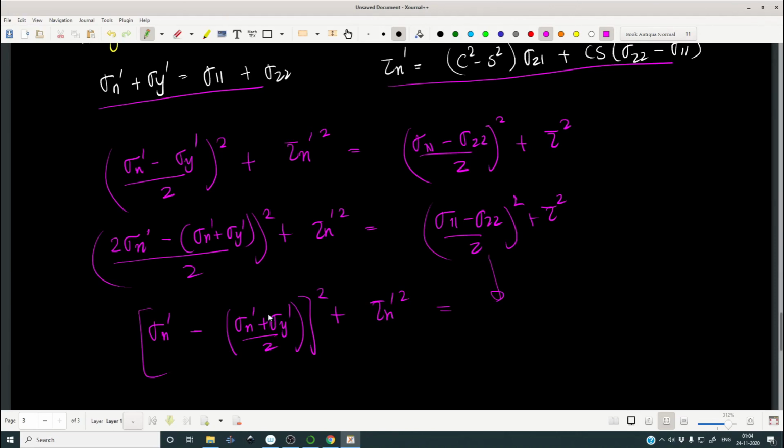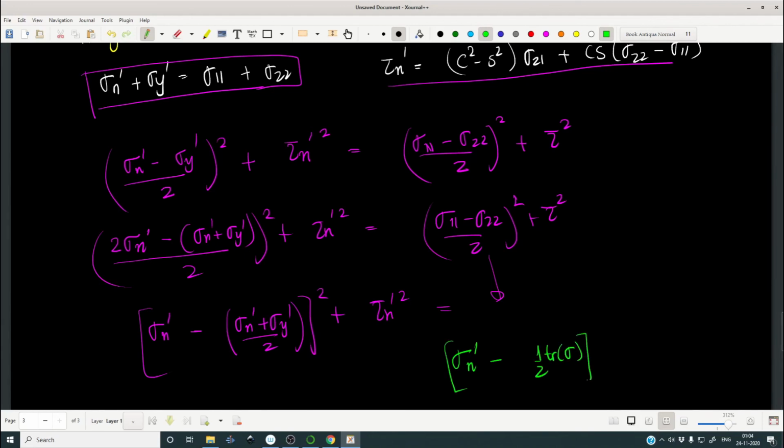And when we combine this with the earlier result, this implies that σn' minus σ average, or rather this is half the trace of σ, this whole square plus τn'² is equal to, if we call this r², r².